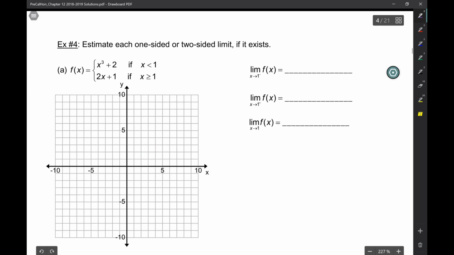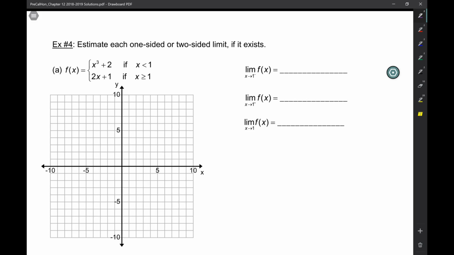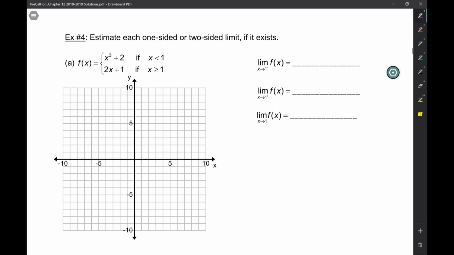Okay, let's do some piecewise functions. Do you guys remember how to graph piecewise functions? Yes, we do. Okay, so the partition is at x equals 1. So remember, first and foremost, you have to plug in the 1 into here.